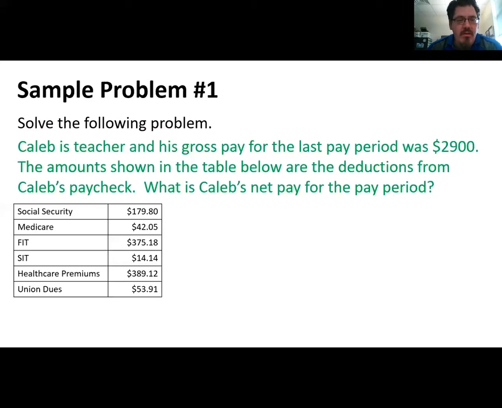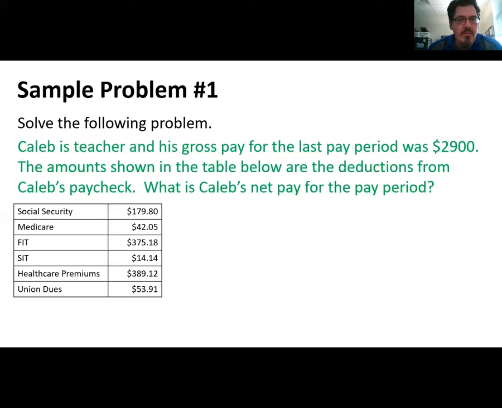Now, these other deductions may or may not apply depending on your situation. A lot of places, if you get benefits, you're going to get health care, and depending on the policies that your company has established for premiums, you might have to pay health care premiums.